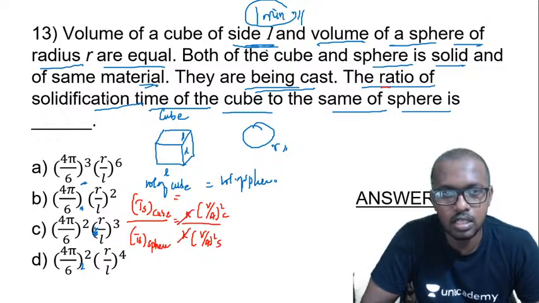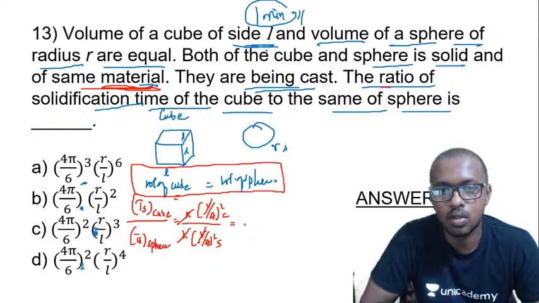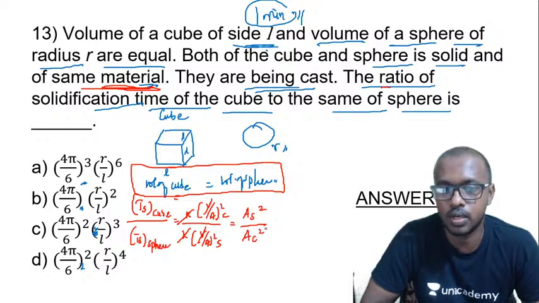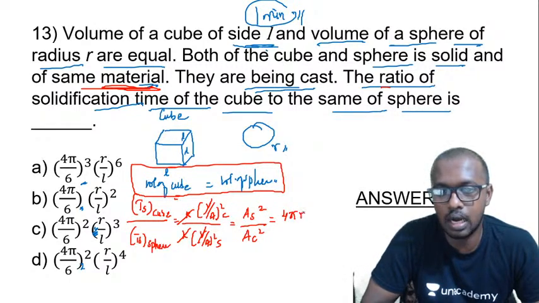K cancels because of the same material. Now volume and volume cancel because they are equal. So you end up with area of the sphere square divided by area of the cube square. What is the area of the sphere square? 4 pi r square the whole square divided by 6 L square the whole square.